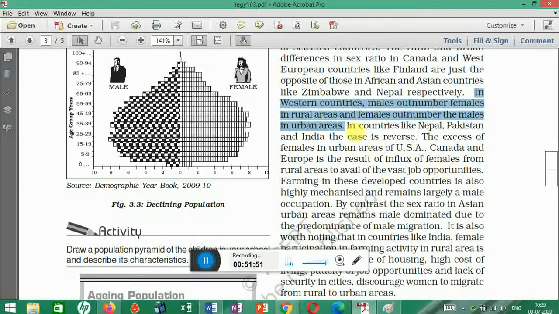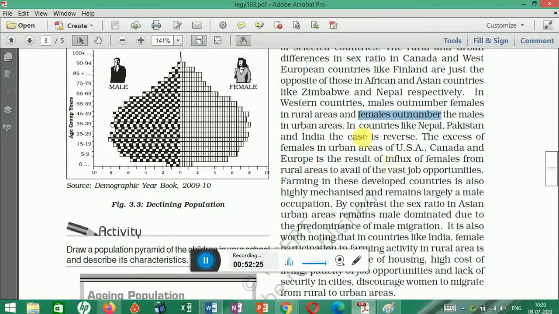So in the Western European countries, the number of males is greater in the villages. Okay, the number of females is lower than the males in the villages, whereas females outnumber males in the urban area. That means there is a higher number of females in the big cities. In the European countries, there are more females in the big cities.